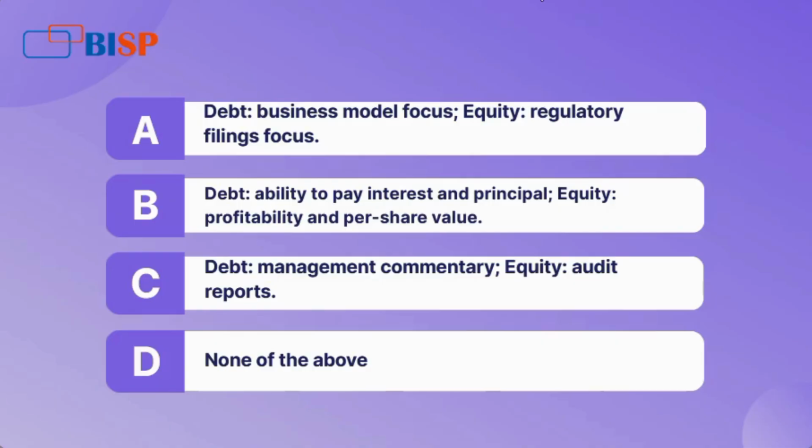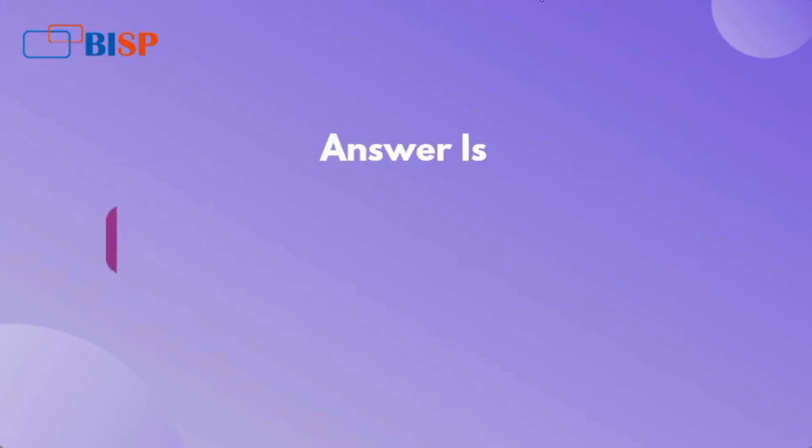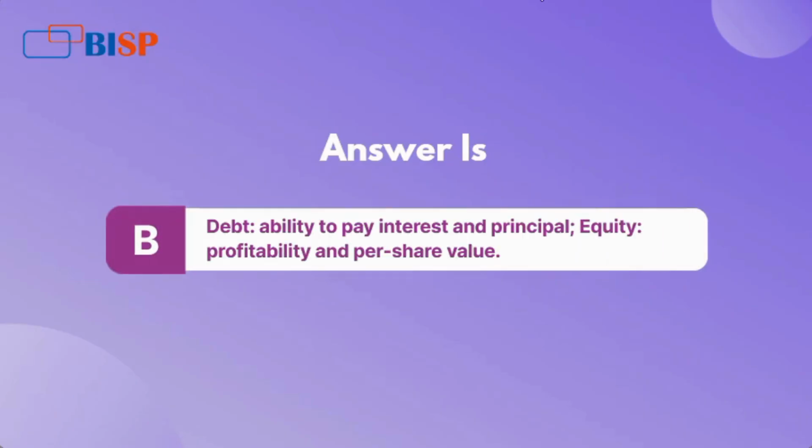D. None of the above. Answer is B. Debt, ability to pay interest and principal, equity, profitability and per share value.